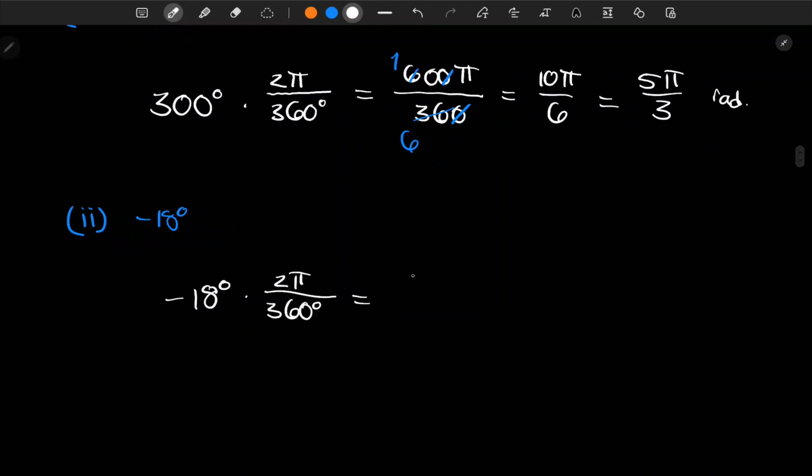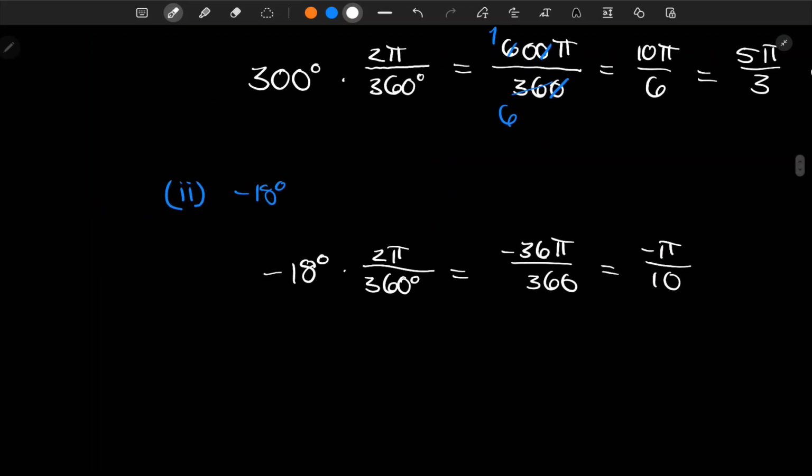So this becomes negative 36 pi over 360, which can simply be reduced to negative pi over 10. So negative 18 degrees is negative pi over 10 radians.